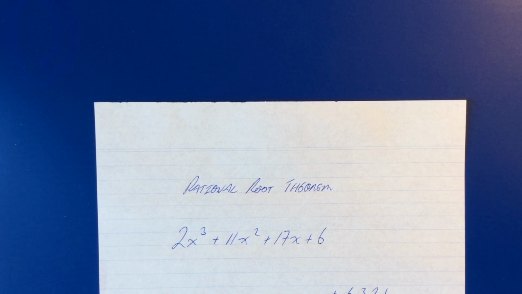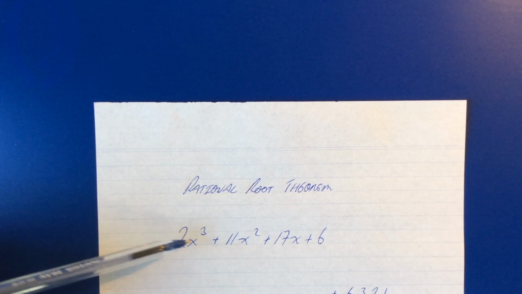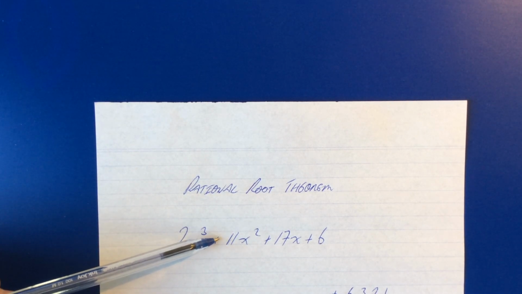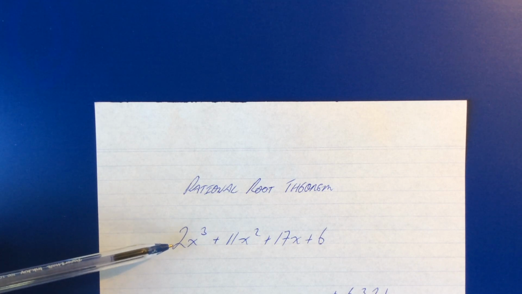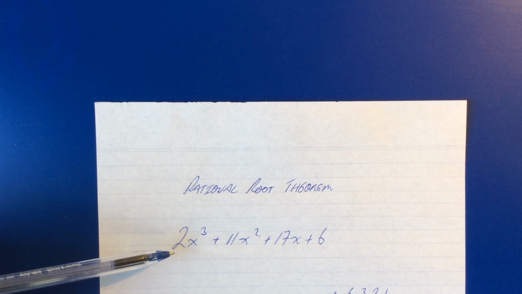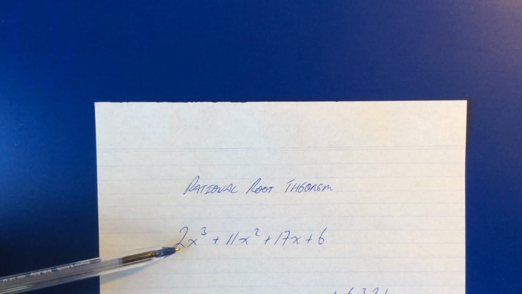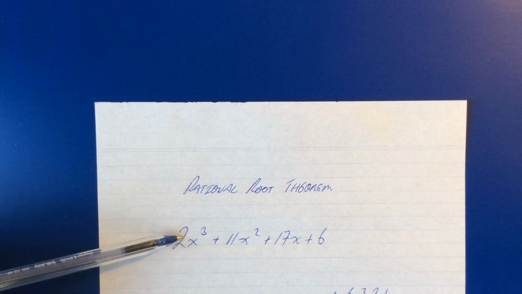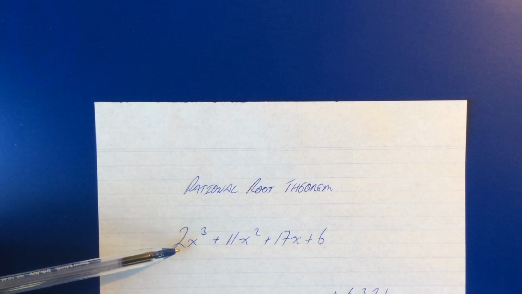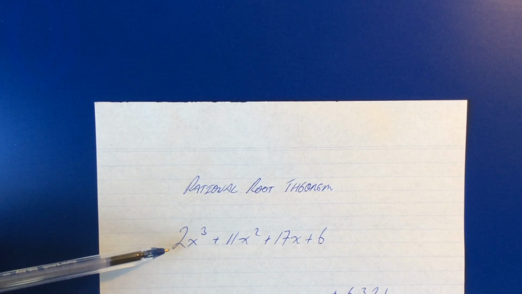So what does rational root theorem entail? Well, basically what we're looking for is a factor of this. Now, if you use the old method, or the standard method, of putting 1, -1, 2, -2, 3, -3 into this, you might get lucky.